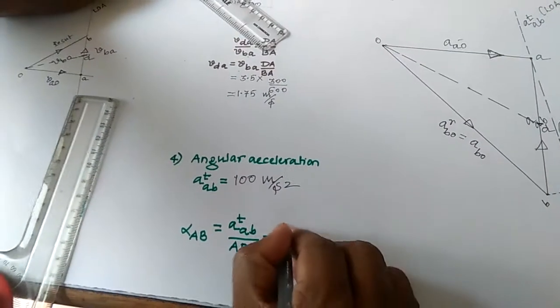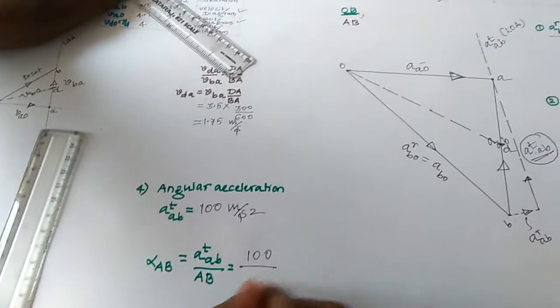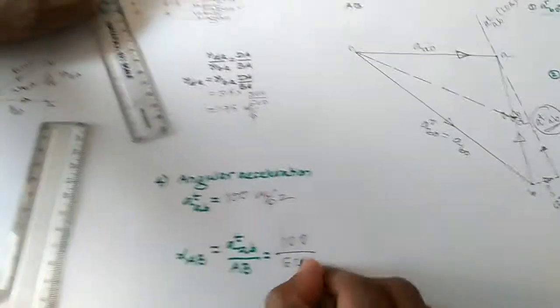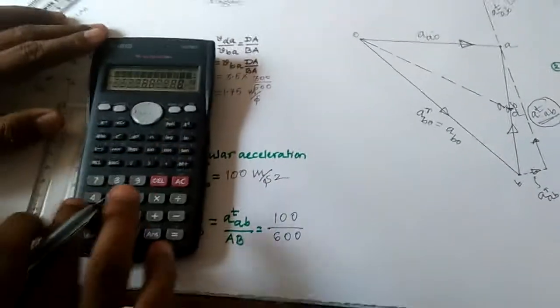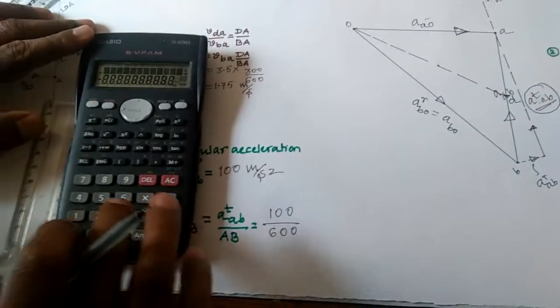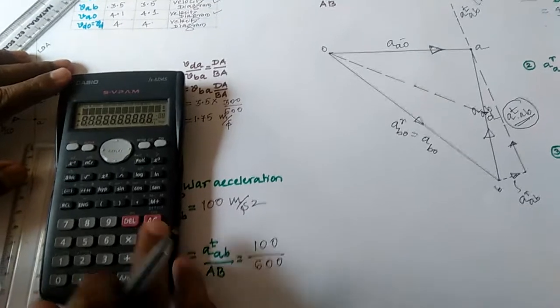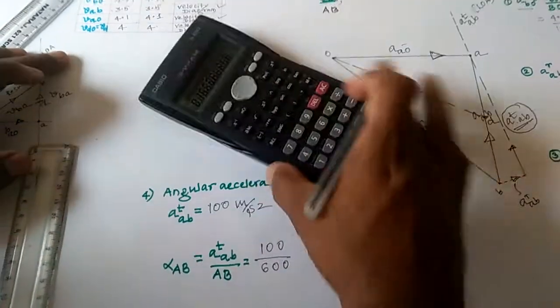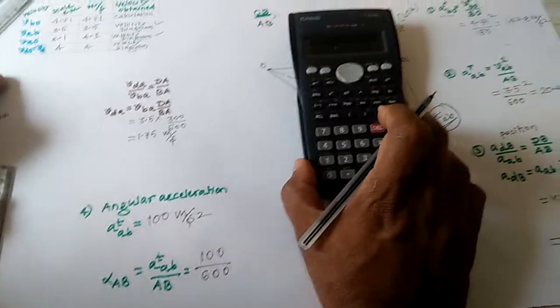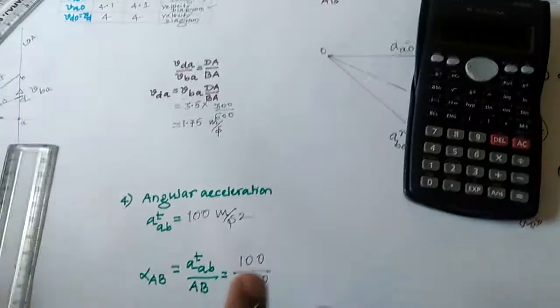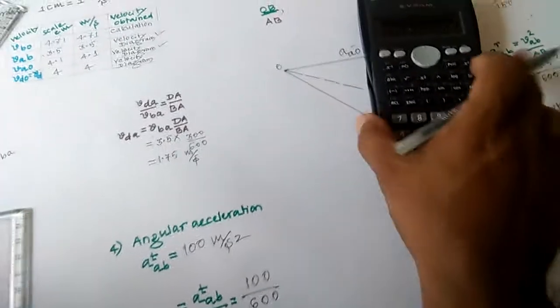Then A tangential is 100, divided by the AB distance of 600. You calculate it, and then you will get the angular acceleration.